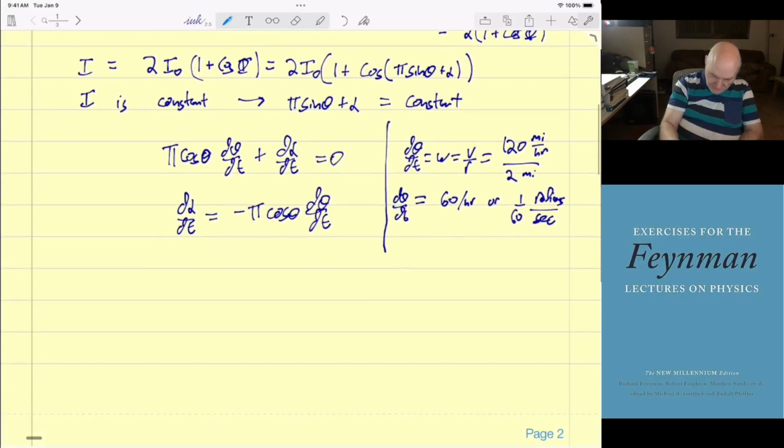So we substitute that, we get d alpha dt is equal to minus pi cosine theta divided by 60, and this is in radians per second. And now to get it in hertz, we'll multiply that by 1 cycle over 2 pi radians.